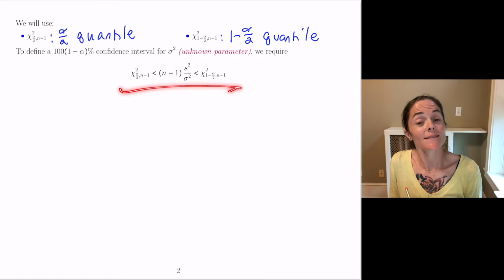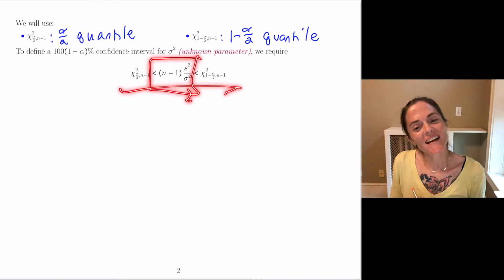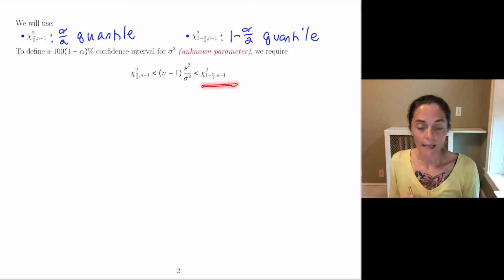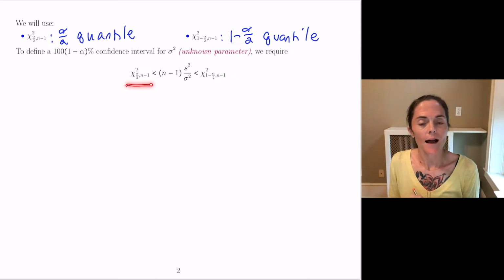What we want here is this n minus 1 s squared over sigma squared to be strictly less than this 1 minus alpha over 2 quantile and strictly bigger than this alpha over 2 quantile.